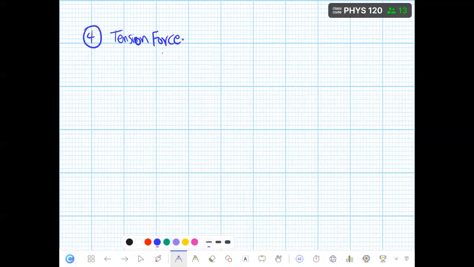Let's say you have a box and a string is attached to the box, yes? And you are pulling the box, yes? So we would like to identify forces. So far we have learned some forces. Tell me how many forces are exerting on this box?